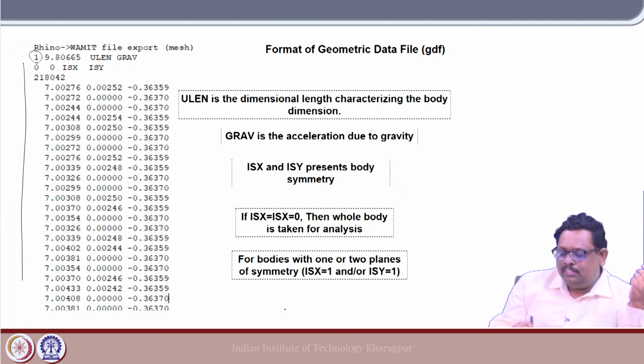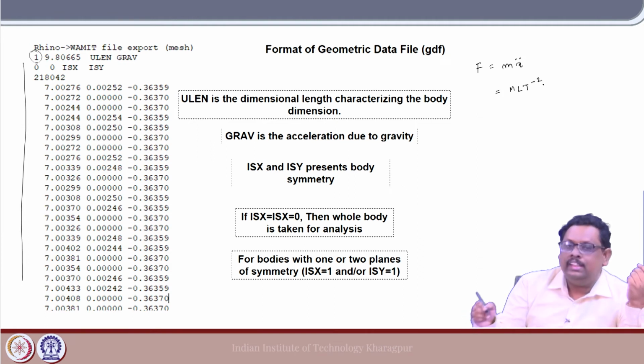Okay. Sometimes, as you know, force is nothing but mass into acceleration. So, it is M into L into T to the power minus 2. So, in order to get the force, you need to divide it into mass and acceleration form, right.